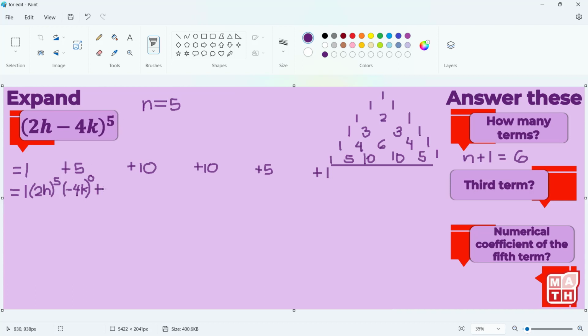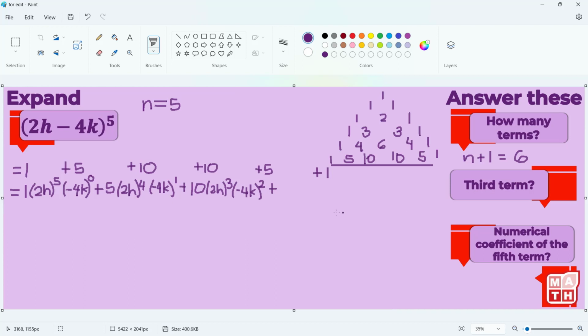Let's continue. Again, let's simply use plus here, times 2h. Now we'll have the exponent of 4, in decreasing order, while the negative 4k will have 1. As we move further, for the first 10, you will have 2h cubed, and then your minus 4k will be squared. Then we'll have here plus.